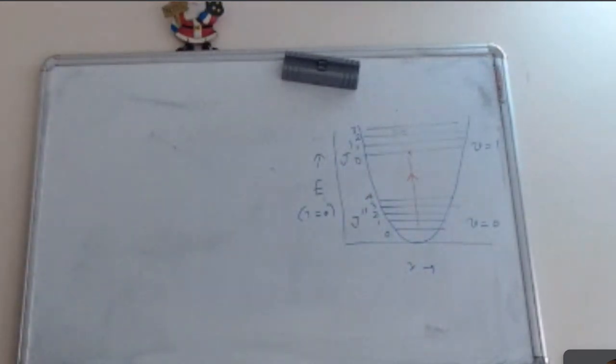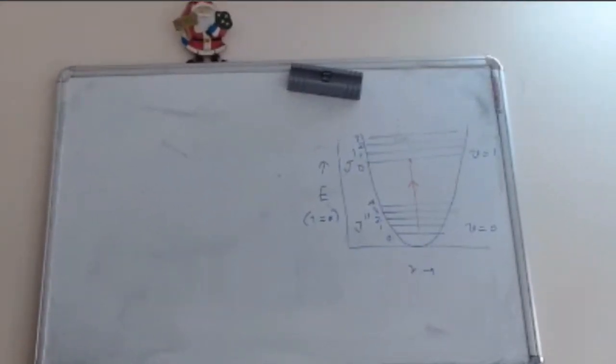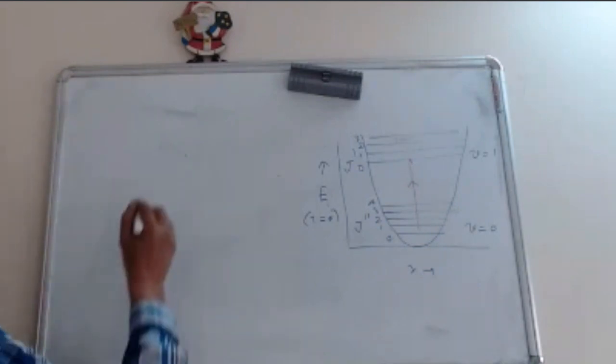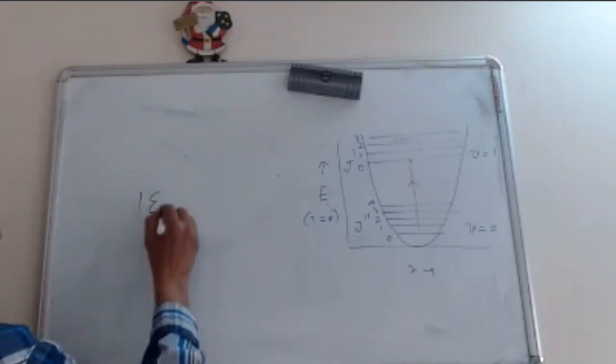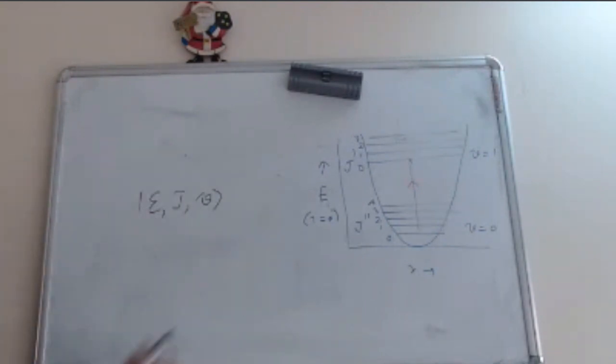But a molecule can be in any one of the rotational states and any one of the vibrational states. So you have the possibilities. Actually it should be E, J, B, but we will not consider this E at this moment because that is not changing. We are considering the same electronic state, and you remember that if you go for the corresponding transition moment integral, ultimately that mu operator will give you just mu from there.